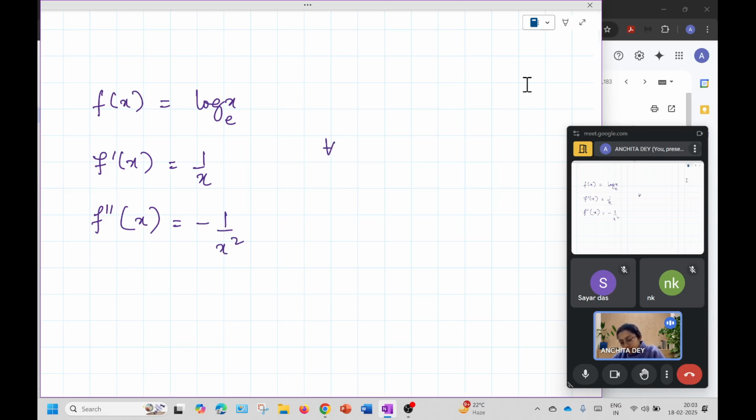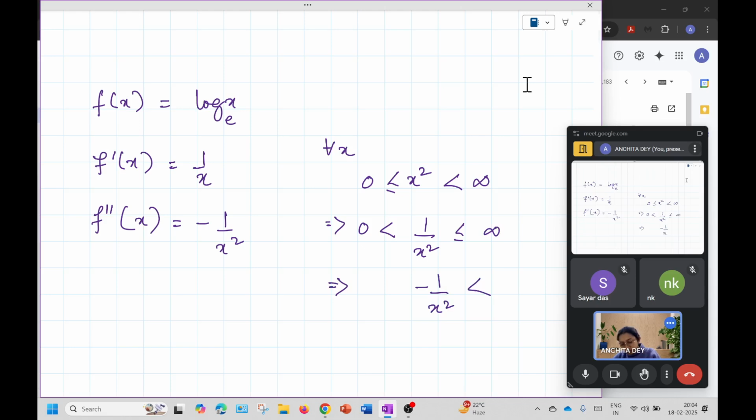your x² can always be greater than or equal to 0 and less than infinity. Then 1/x² is greater than 0 and less than infinity, which means -1/x² is less than 0.